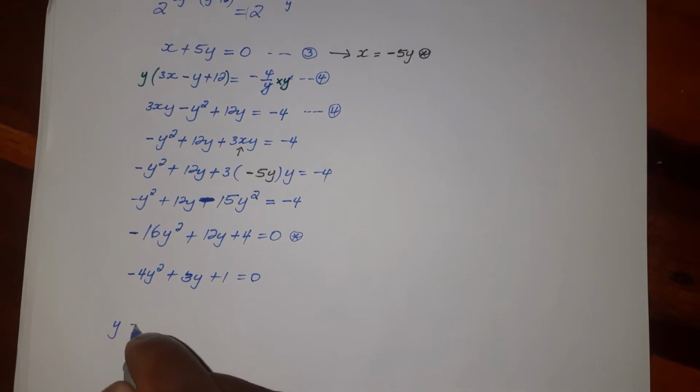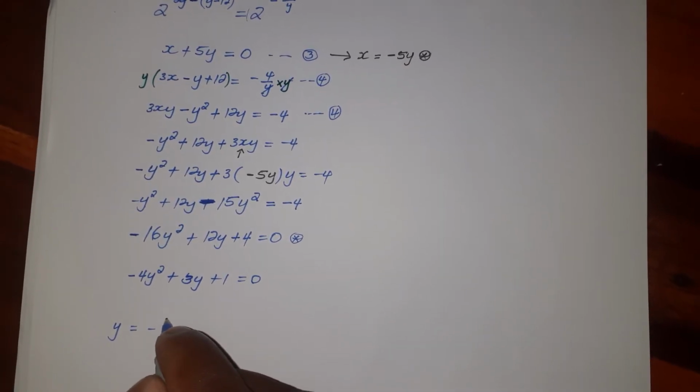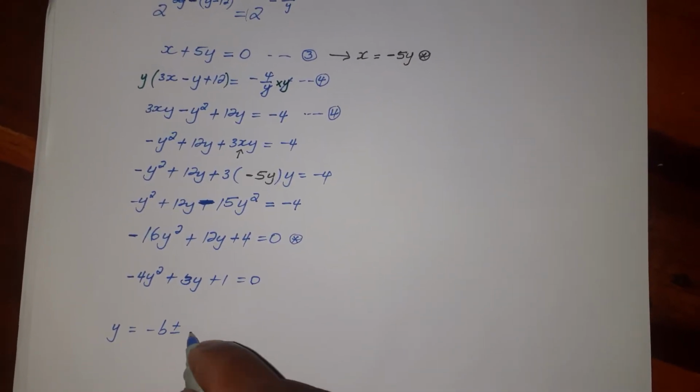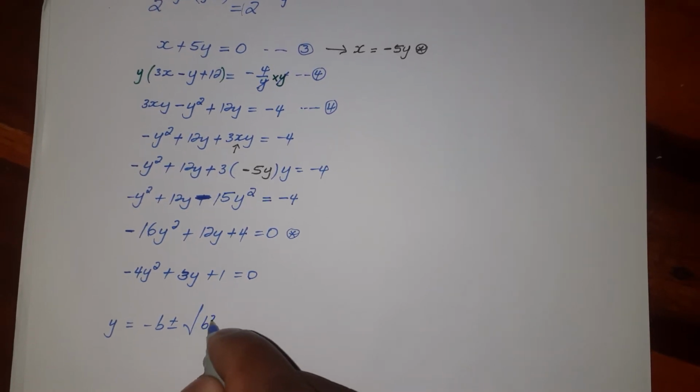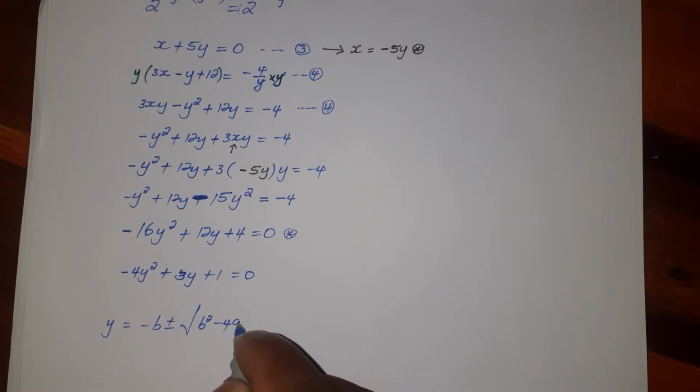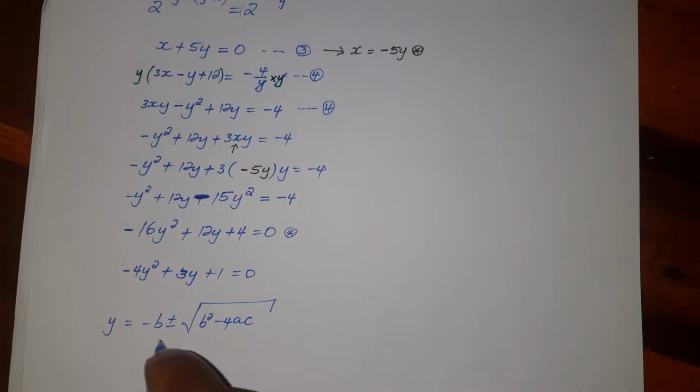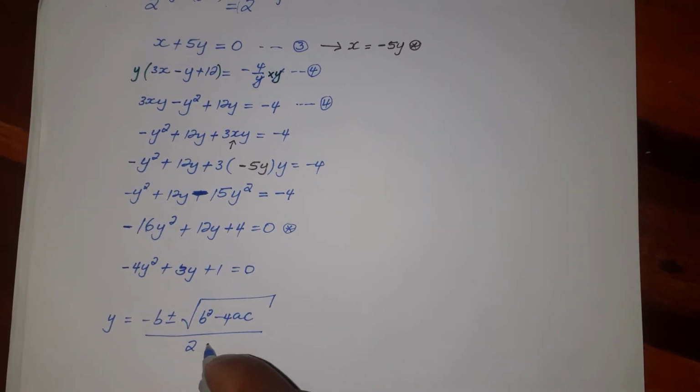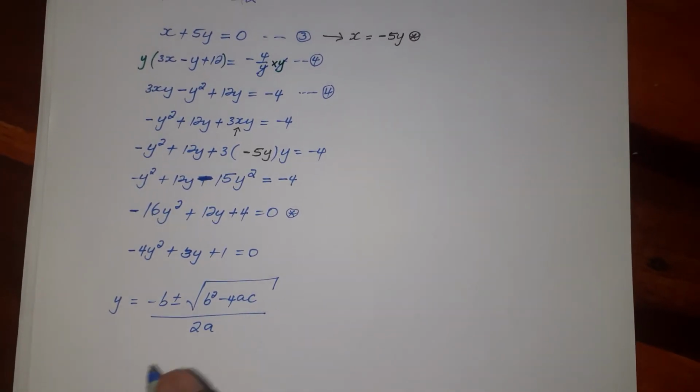Since I'm solving for y, then I write y equals to negative b plus minus square root of b square minus 4ac, everything over 2a.